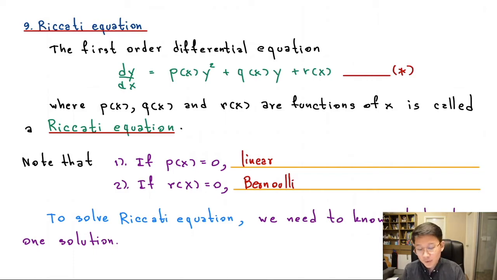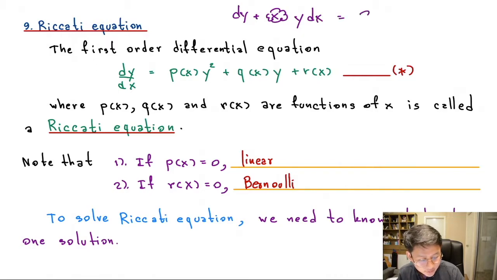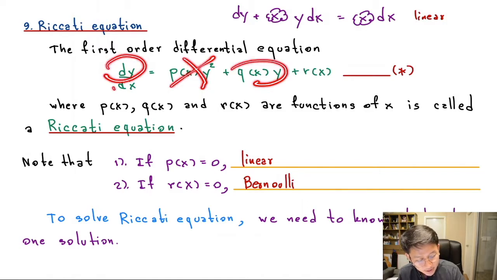Why? If you don't remember, you look at the forms. The form of the linear equation is dy plus some function of x, y dx equals some function of x dx, where y is the dependent variable. So if p(x) is 0, I can write it in the differential form: dy equals this guy dx and this guy dx.